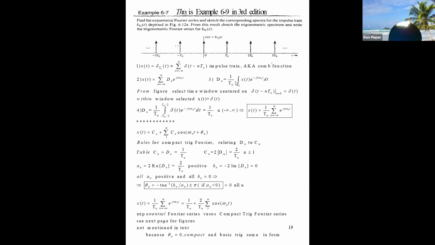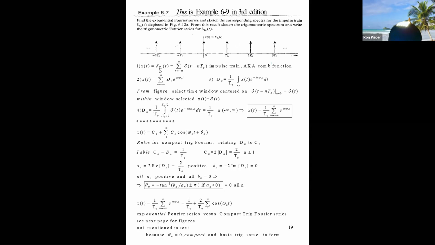Okay, so here is the problem, the so-called comb function, by virtue of the fact that, of course, it's reminiscent of a comb. And it's defined in a way, it's basically a repeating impulse function, or some people call it a delta function.